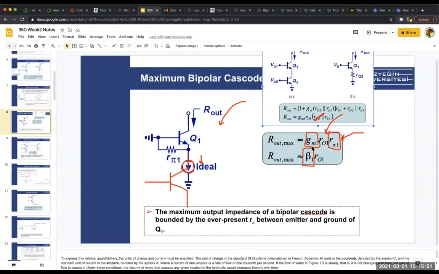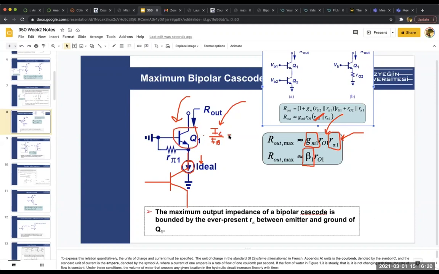This tells you the cascode output resistance will actually depend on the characteristic of my transistor, beta1, which is IC over IB, basically the amplification factor of your semiconductor device.